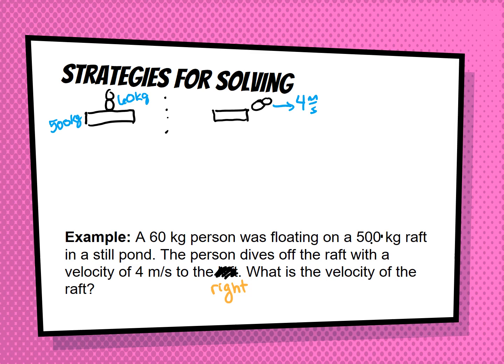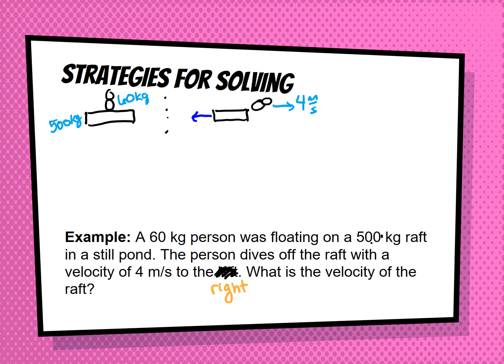Before we start solving anything, I want you to make a prediction. Which way should the raft move? Should it move to the right with the person? Should it stay still? Or should it move to the left? Hopefully, from experience or otherwise, you should realize that the raft is going to move to the left when the person jumps off of it.